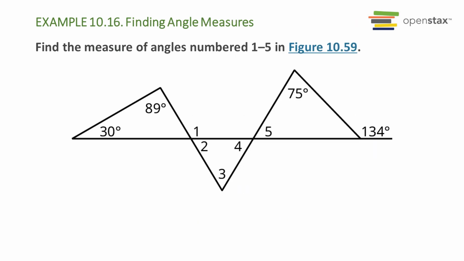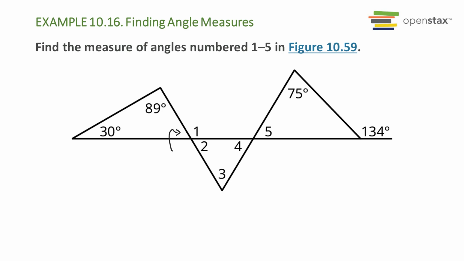So let's look at this example. This is going to use some information from the previous section in order to solve all of these missing angles. In the last section, remember, we had supplementary angles, so if we're missing one of these angles, we know that the 2 angles in a line add up to 180 degrees. And all the angles in a triangle also add up to 180 degrees.